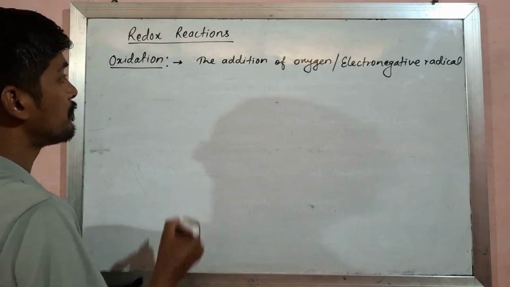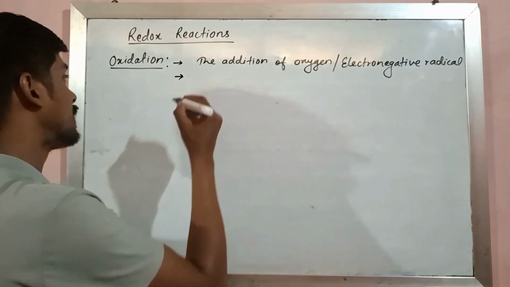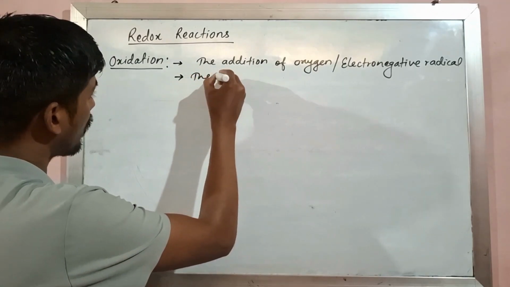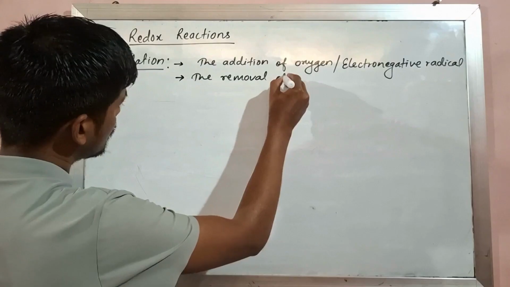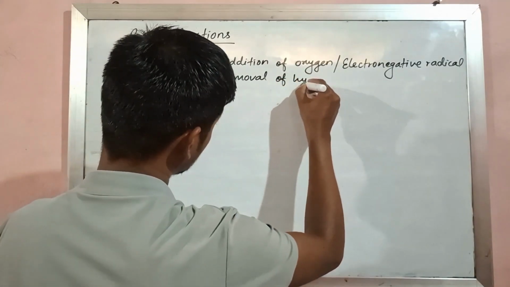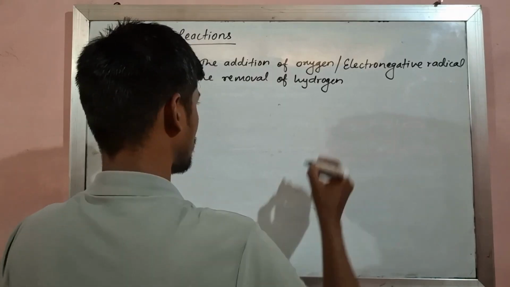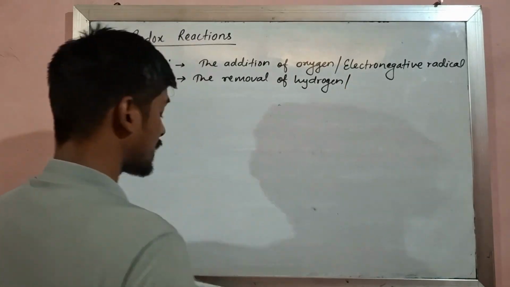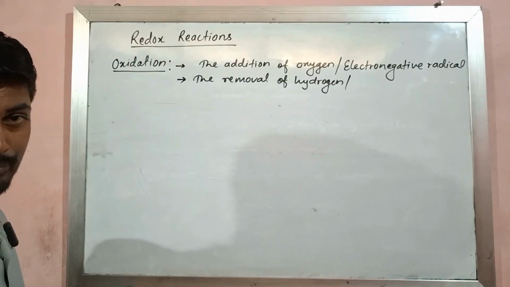At the same time, in another concept, the removal of hydrogen is also known as oxidation. Now we know that hydrogen is an electropositive atom.